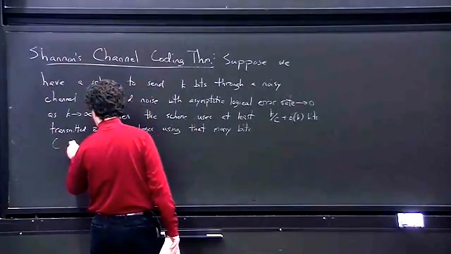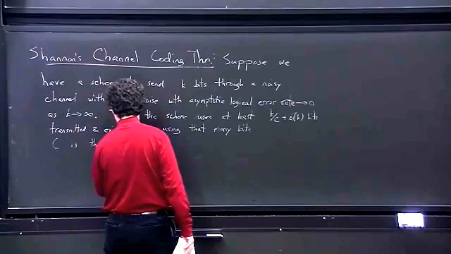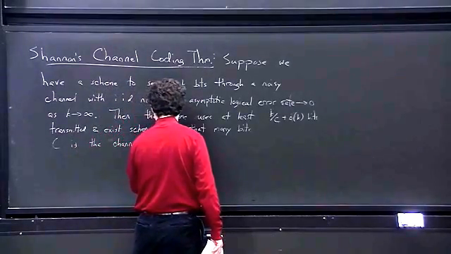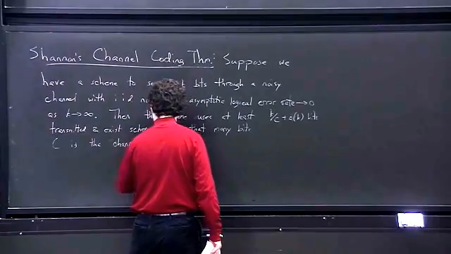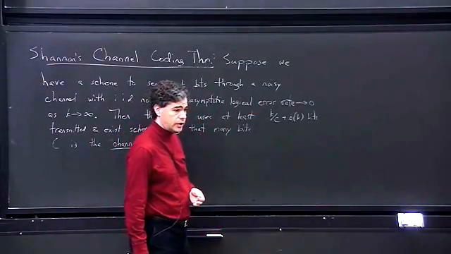C is the channel capacity, because it's giving the capacity for how many bits you can send.